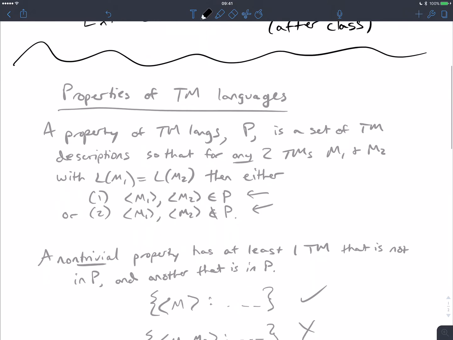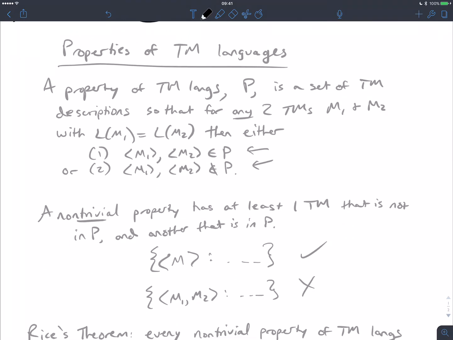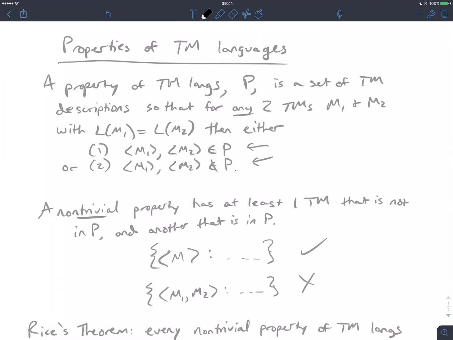Okay, so let's get back to Rice's theorem. I copied and pasted what we talked about on Wednesday. We talked about these things called properties of Turing machine languages. We said it was the set of all descriptions such that we wanted it to only depend on the language whether you had the property or not.